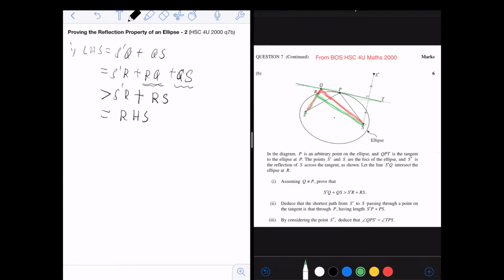So now let's do the second question. The second question is proving the distance from S dash to S via the point on the tangent, for example Q, will be bigger than the distance from S dash to the S via the point P. Why is this bigger than the distance via the point P? Because P is a point on the tangent, and also P is a point on the ellipse.